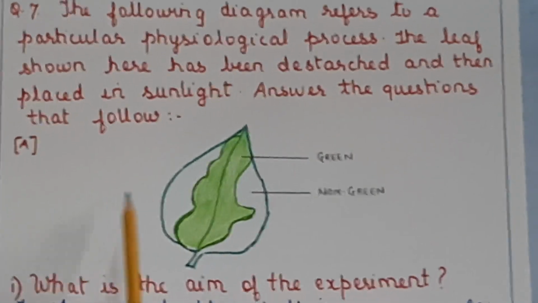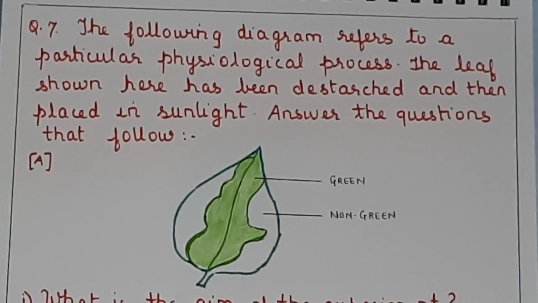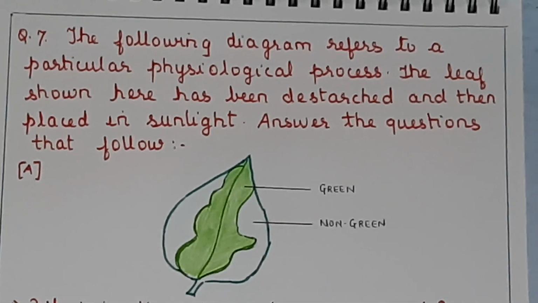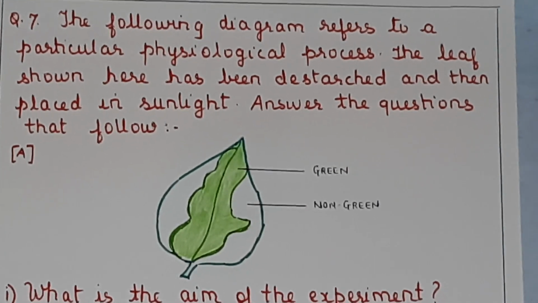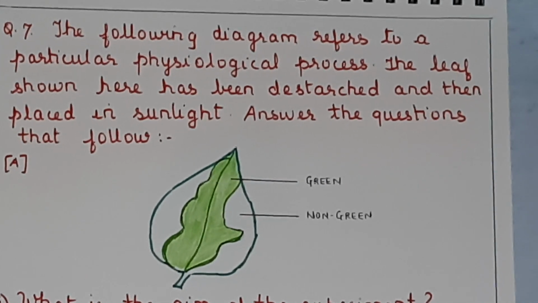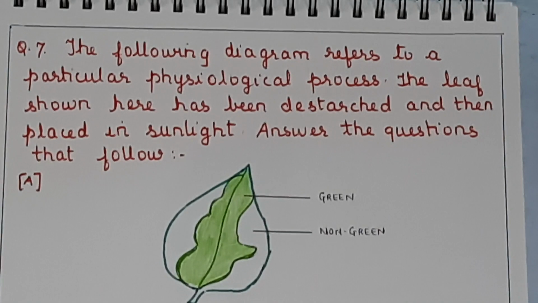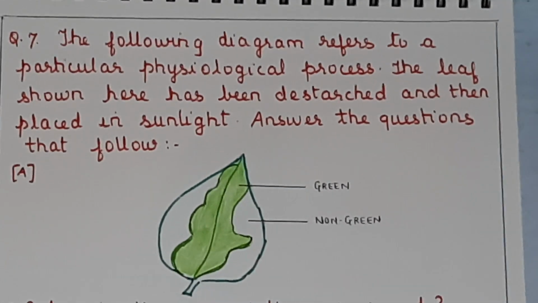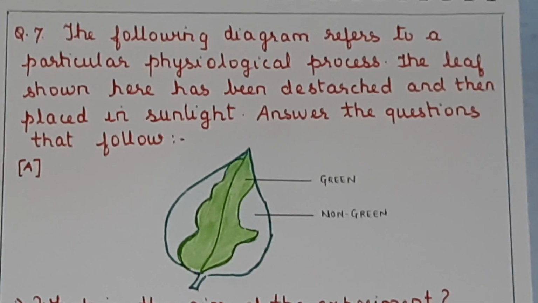The moment you see such a leaf with green and non-green areas, you should know that the aim of the experiment is to show whether chlorophyll is necessary for photosynthesis. Such a leaf which has green and non-green areas is called a variegated leaf. Non-green can be yellow, red, etc., other than green. Examples are Coleus, Geranium, Croton.